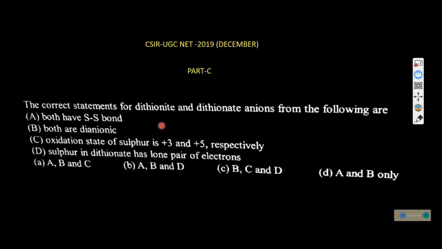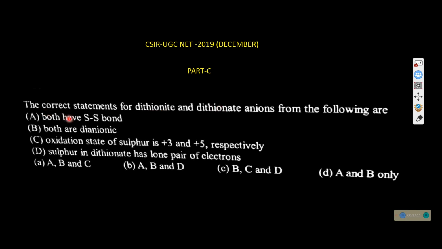We have to remember this: dithionous acid, dithionite; dithionic acid, dithionate. In dithionous acid and dithionite, the sulfur atom is in +3 oxidation state. The sulfur atom contains a lone pair, and in both dianionic species there is a sulfur-sulfur bond.